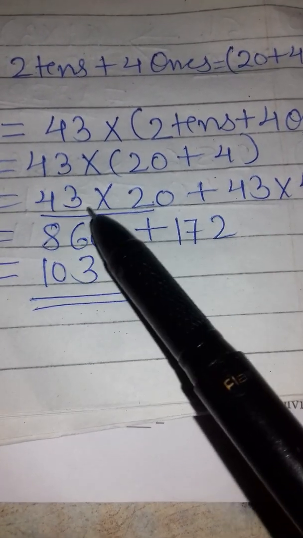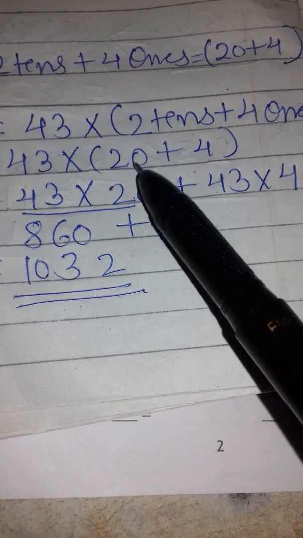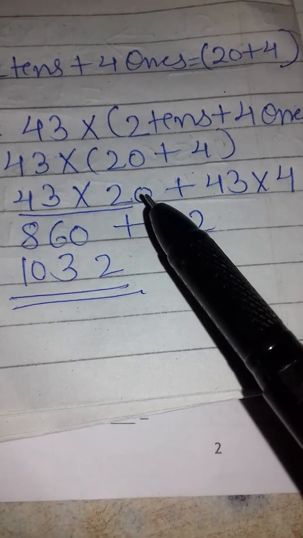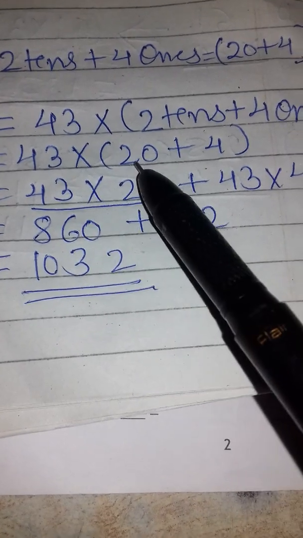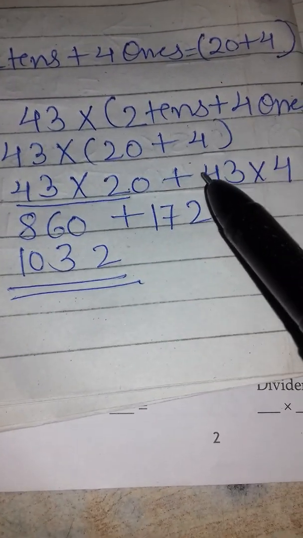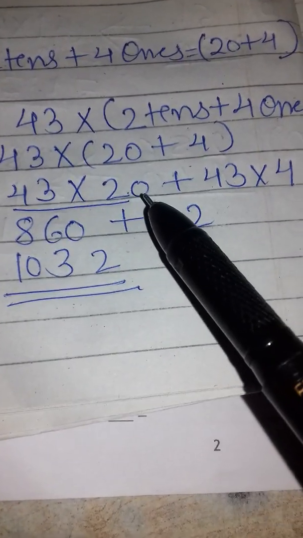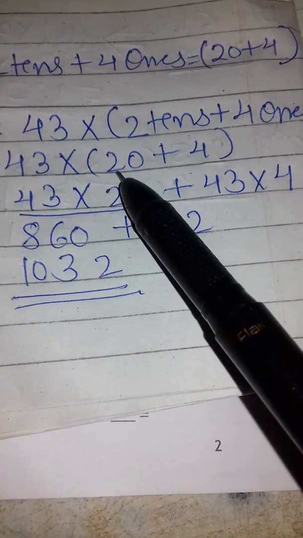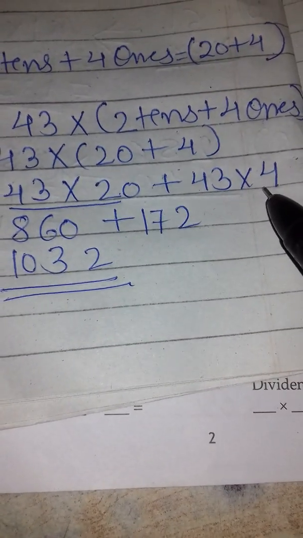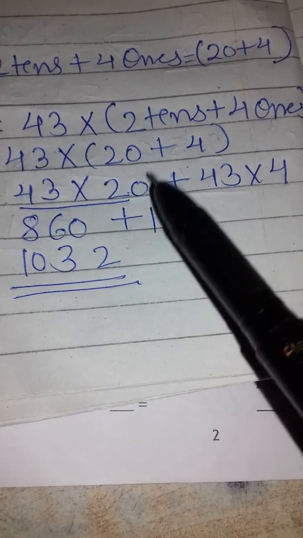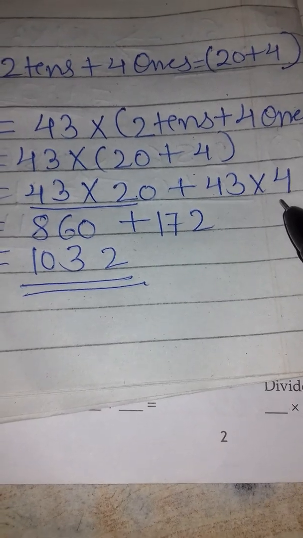So this multiplicand we will multiply by both the numbers, by tens also and by ones also, by 20 also and by 4 also. So 43 into 20, we open the bracket, the multiplier bracket: 43 into 20 plus 43 into 4.